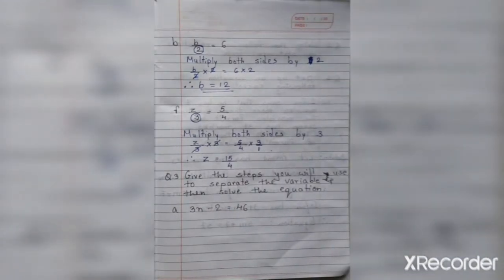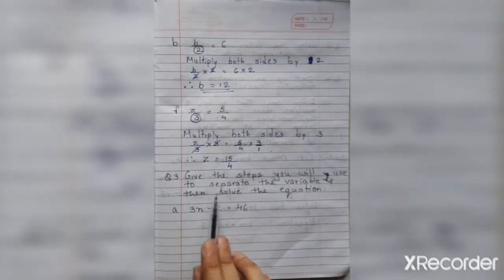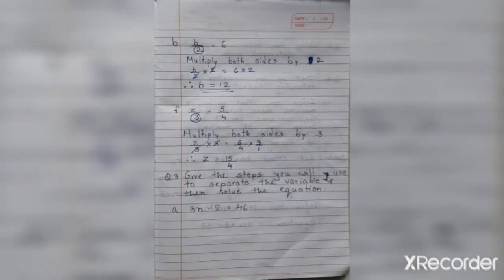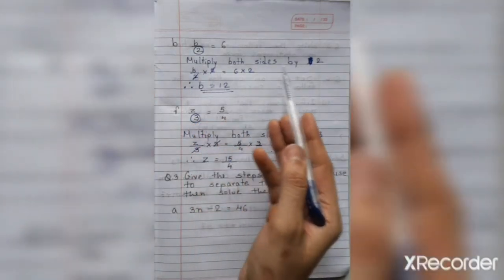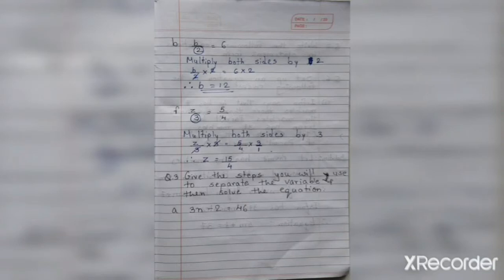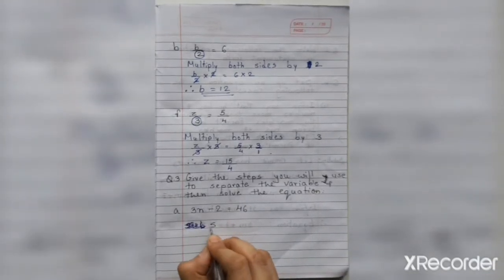In the same way, question 3. Give the steps you will use to separate the variable and then solve the equation. Here we will need to show more steps. In question 1 and 2, we had shown only one step. Now here we will need 2 steps.